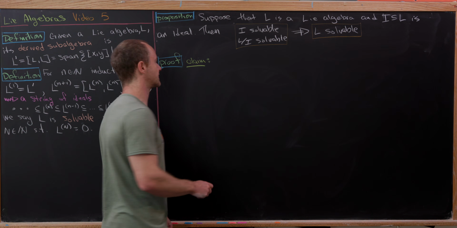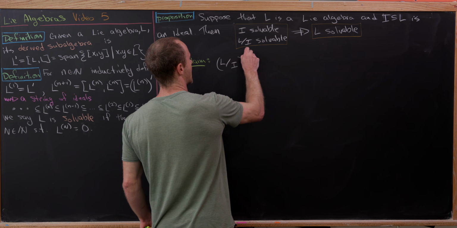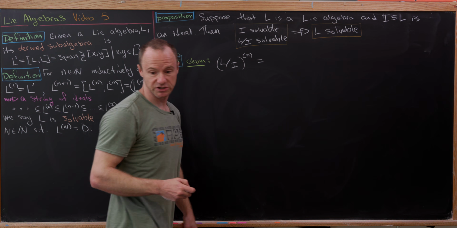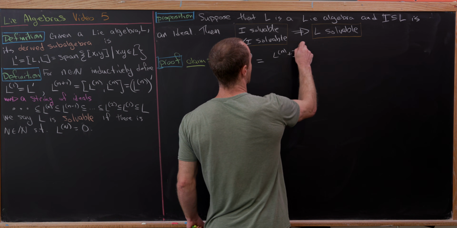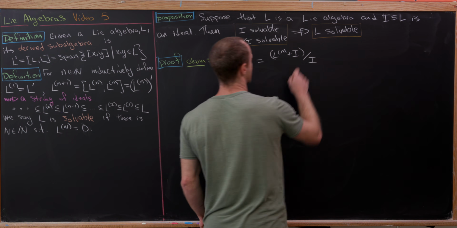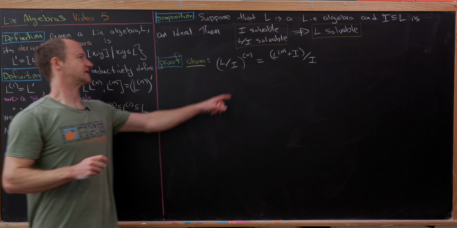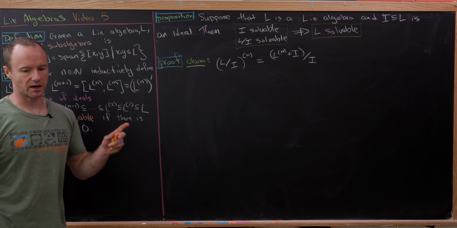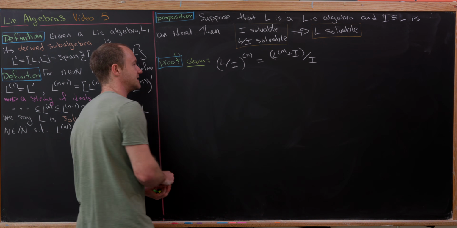We claim that L mod I upper n is equal to L upper n plus I mod I. Nice, so that has the effect of distributing this upper n onto the quotient, if you will. And we're going to prove this by induction.